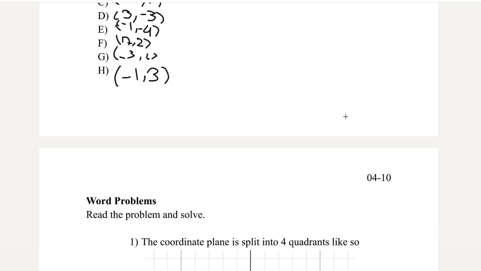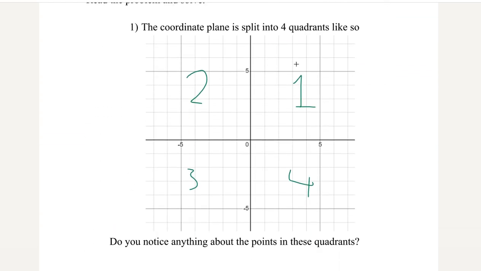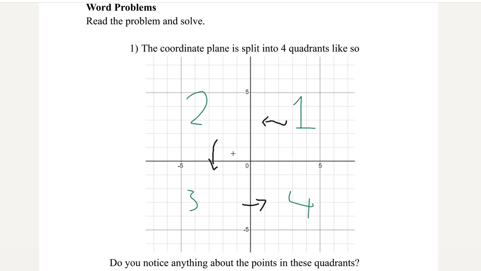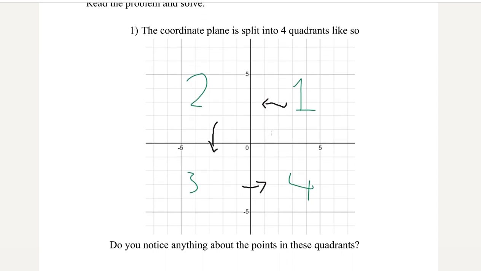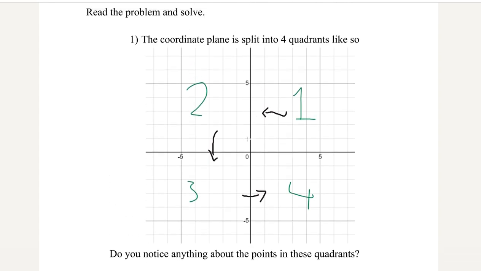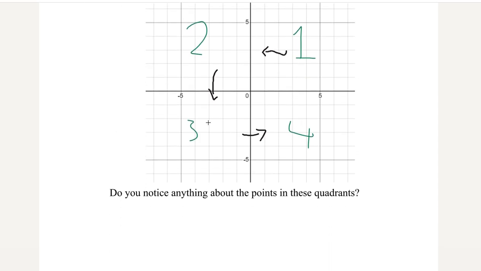These boxes are called quadrants, and you go in order 1, 2, 3, 4. In quadrant one, it's all positive numbers, so it only can be positive numbers.